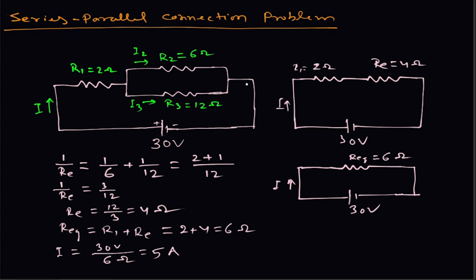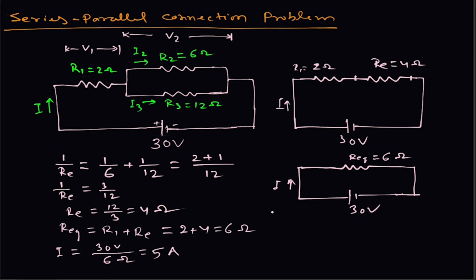First we have to find the voltage across this. How can we find it? The voltage across these two resistances is the voltage across the 4 ohm equivalent, and the other voltage is across the 2 ohm. Let this be V1, and this voltage be V2. Now we have to calculate V1 and V2.